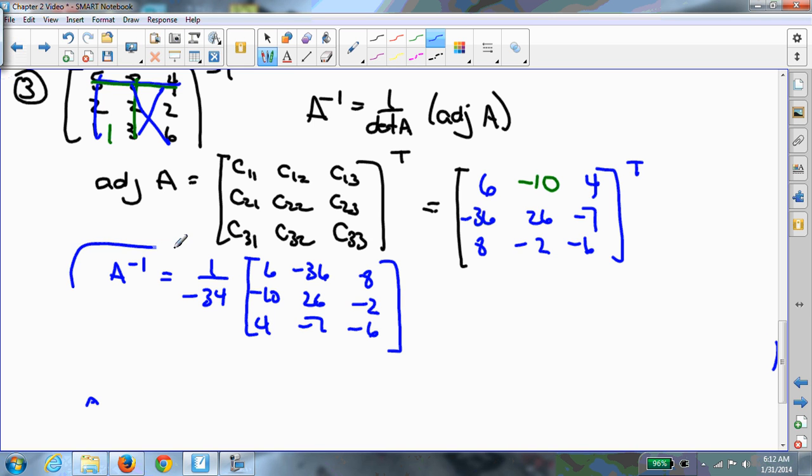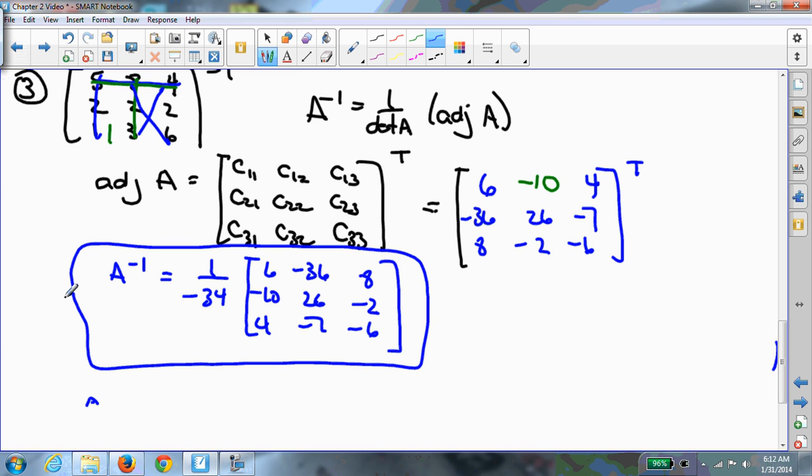And that is our A inverse. Now, obviously, you can do it the way we learned in Chapter 1, setting up the identity matrix and doing row operations, which is ideal if you have a 4 by 4 because the determinant gets harder to find. But if you feel comfortable with this way, it's a faster way of finding the 3 by 3 inverse without having to go through row operations.